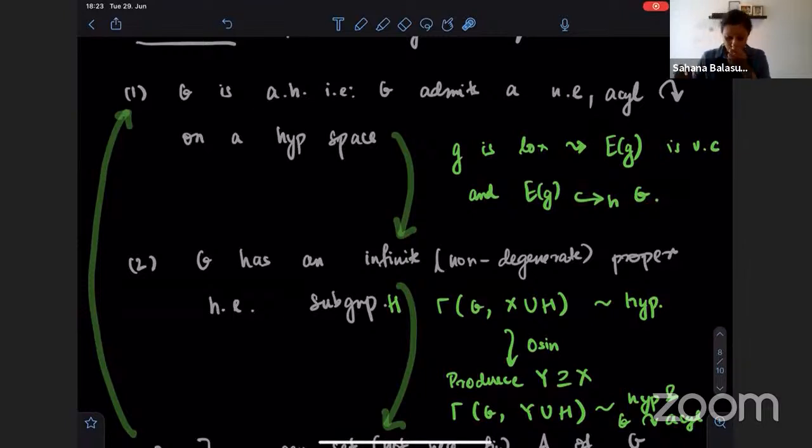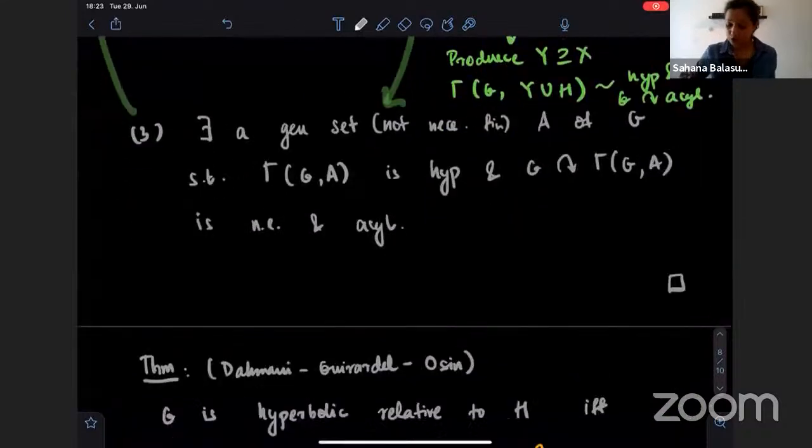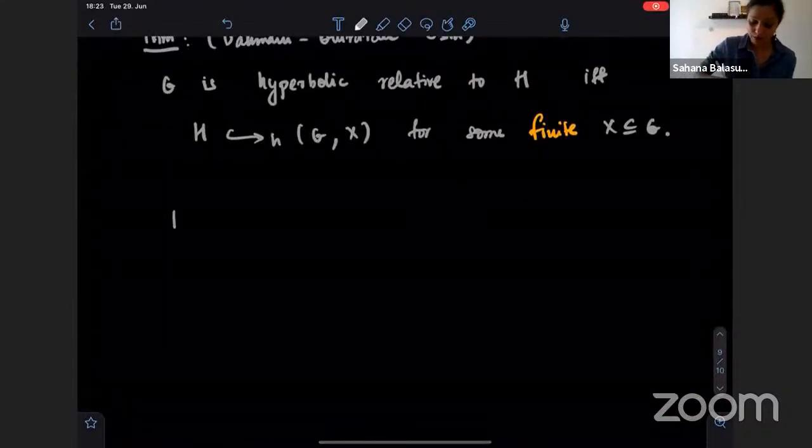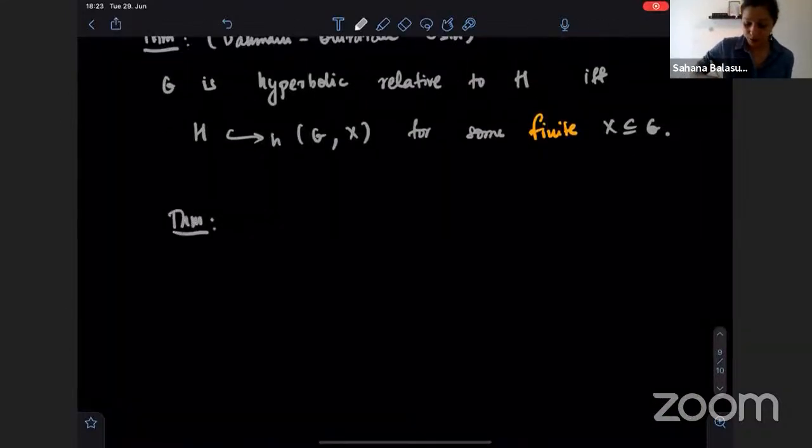And then you may ask, okay, these ones are virtually cyclic. Are they the only hyperbolically embedded subgroups? And the answer is no. There is actually a very rich class of hyperbolically embedded subgroups.